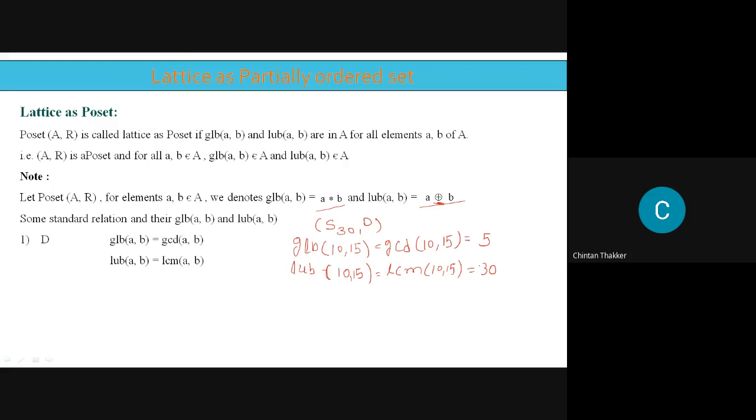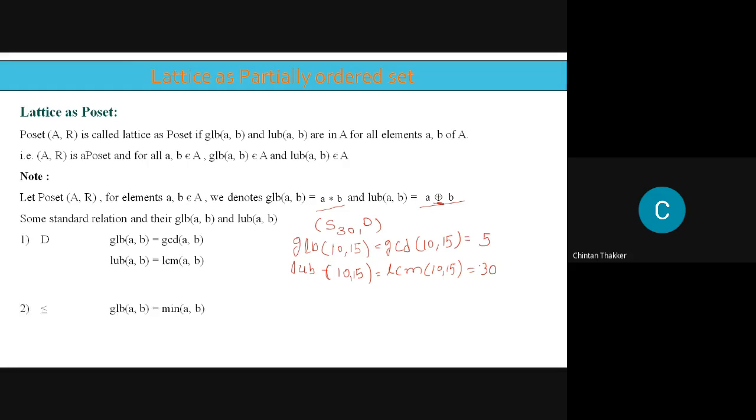Okay, 10 divides 30, 15 divides 30. So the LCM is 30. So here the LUB of 10 and 15 is 30. Okay. So remember this: when we have the divides relation, the GLB is the GCD of two numbers, and the LUB is the LCM of two numbers.